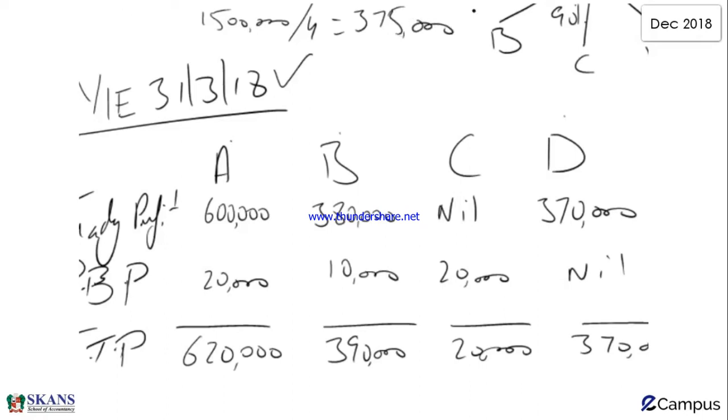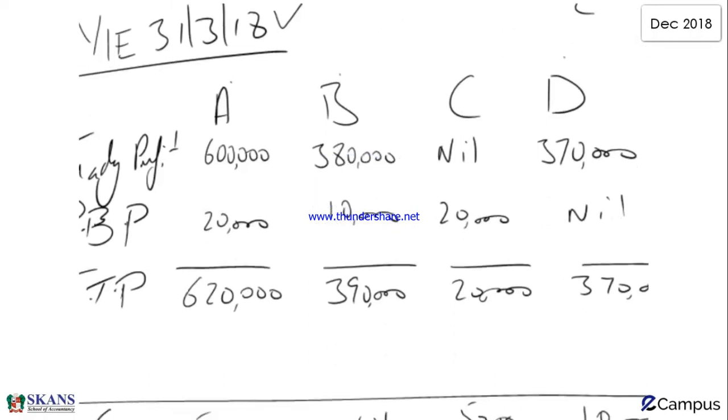So any company which has augmented profits of more than 375,000, our first priority would be to bring it to 375,000.